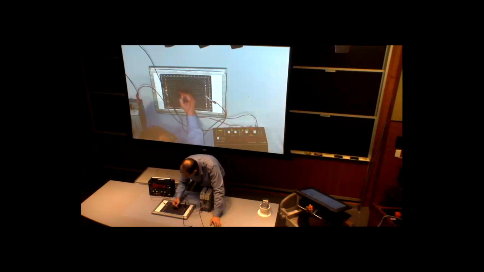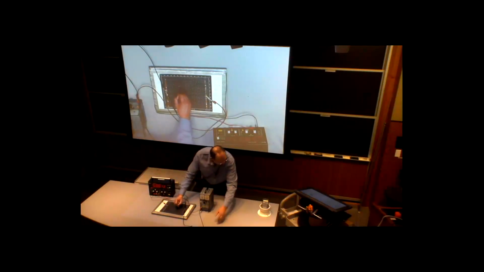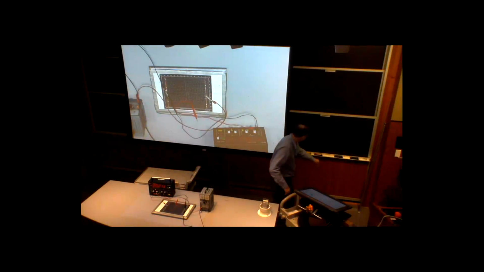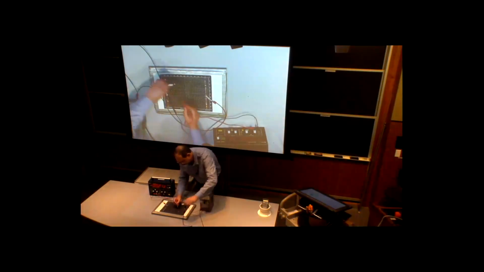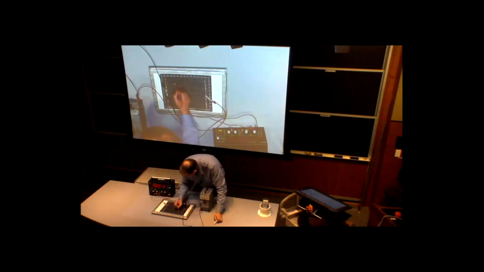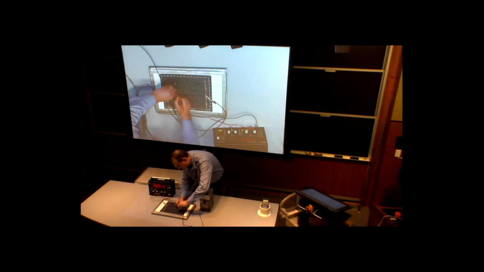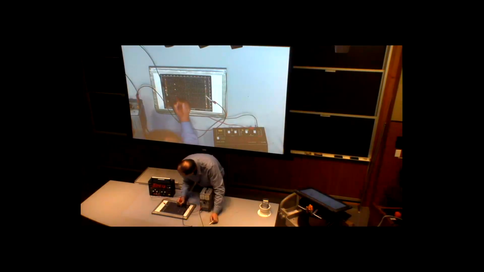So I can move my electrode and find another place with 58 volts. Actually, let's do 48, wherever. 48. I can find more and more points with exactly the same potential.